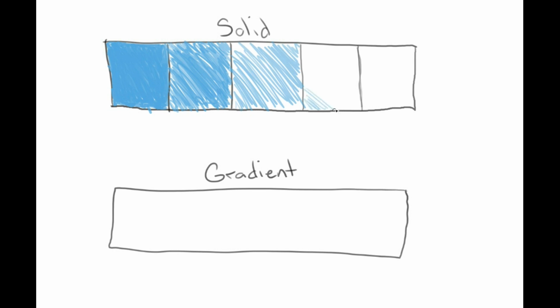And this one even lighter, until it is white. Alright, so we went from dark to light. And this is the solid color style of shading, okay?